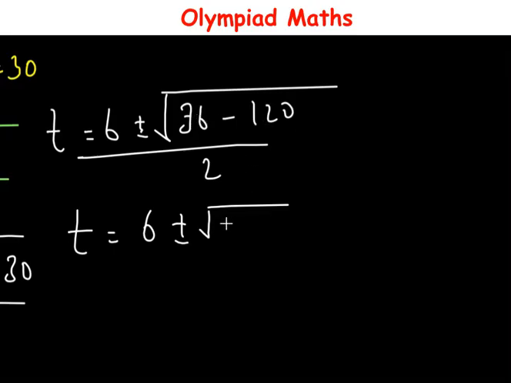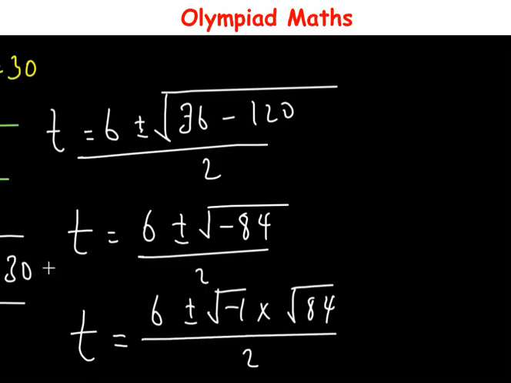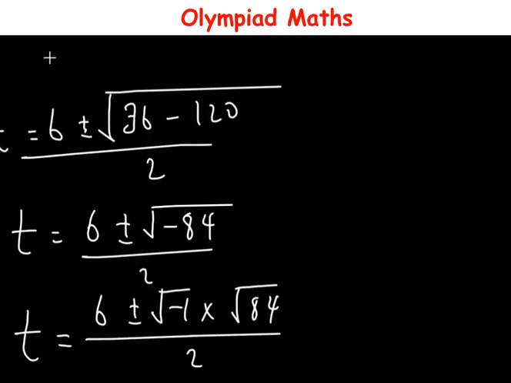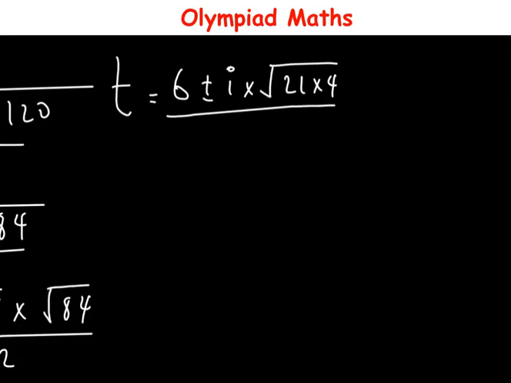So with this, the solution of t is equal to 6 plus or minus square root of 36 minus 120. The value is equal to minus 84 all over 2, such that we can write the value of t as 6 plus or minus, this can be written as root minus 1 times root 84 all over 2. Next, the value of t is equal to 6 plus or minus, root minus 1 is i, times root 84, which can be written as root 21 times 4, all over 2.